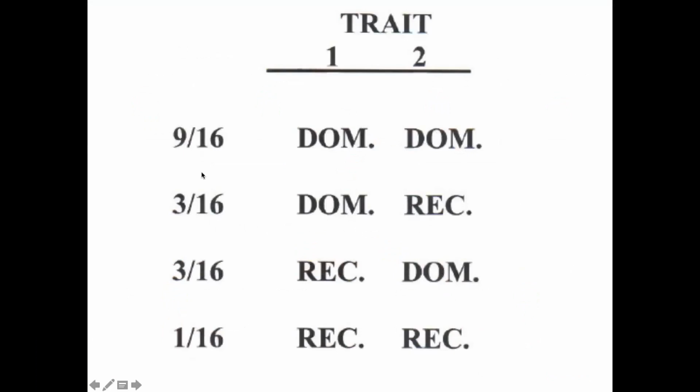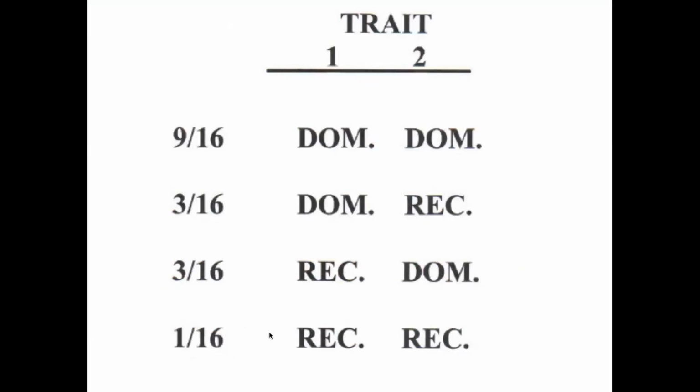Another 3/16 would be dominant for the first trait and recessive for the second trait. Another 3/16 would be recessive for the first trait and dominant for the second trait. And lastly, 1 out of every 16 in that F2 population would express the recessive form of the two traits. So this is the general observation.